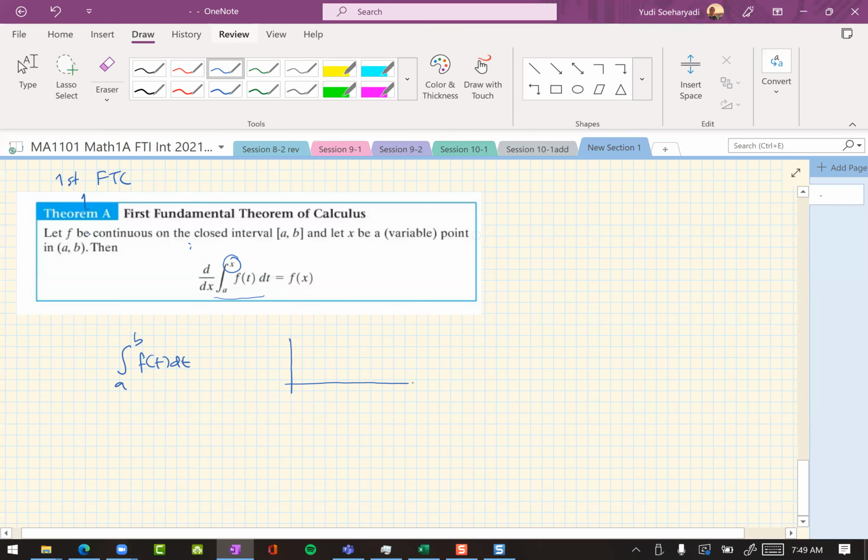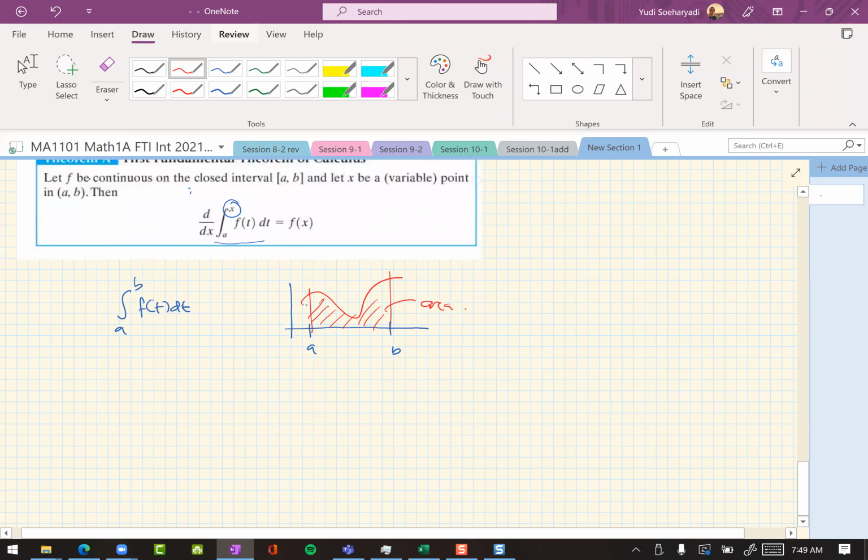Okay. So that means you're computing, say, this area here, right? But the thing here is that you compute this area. Okay.